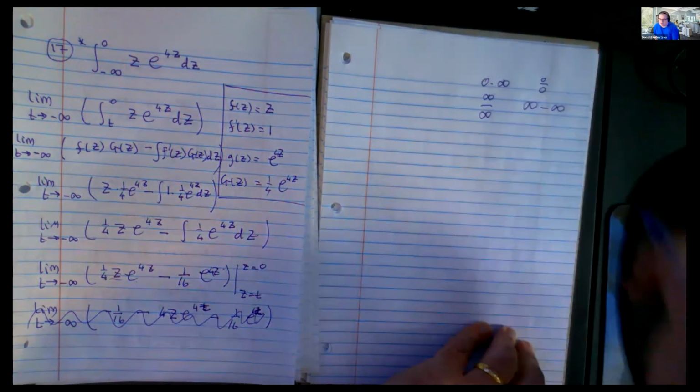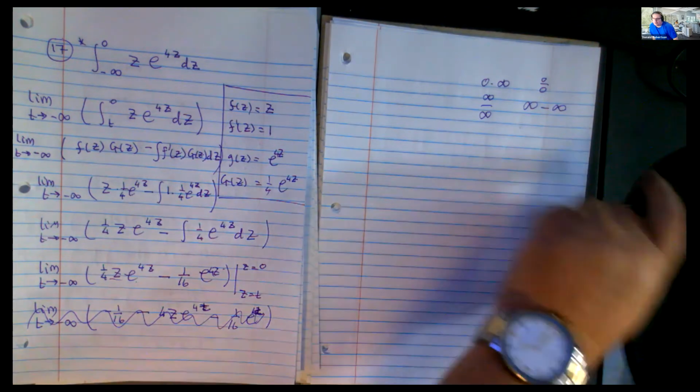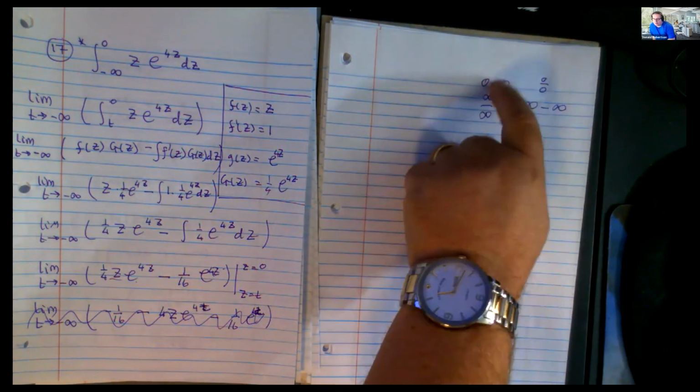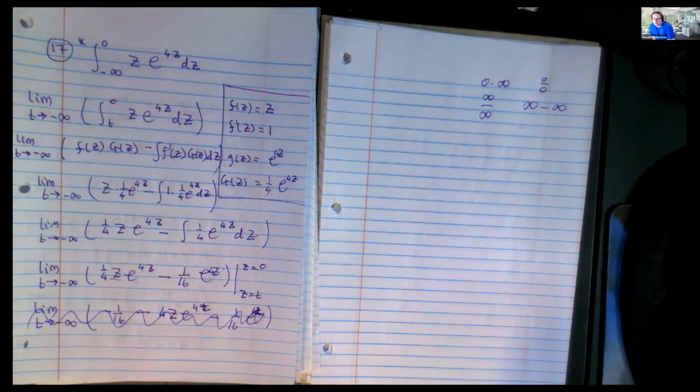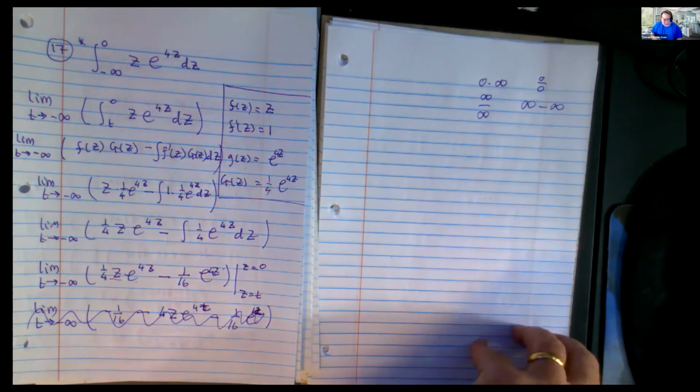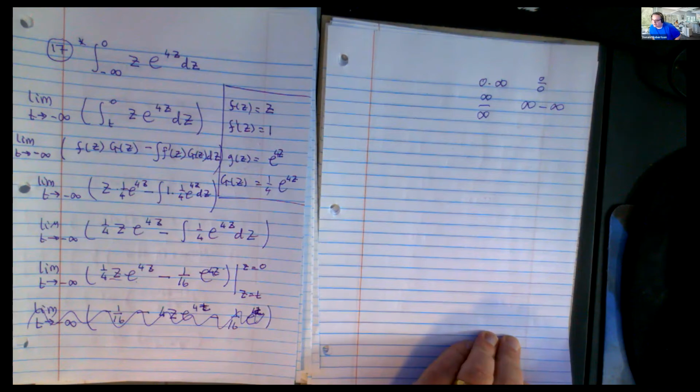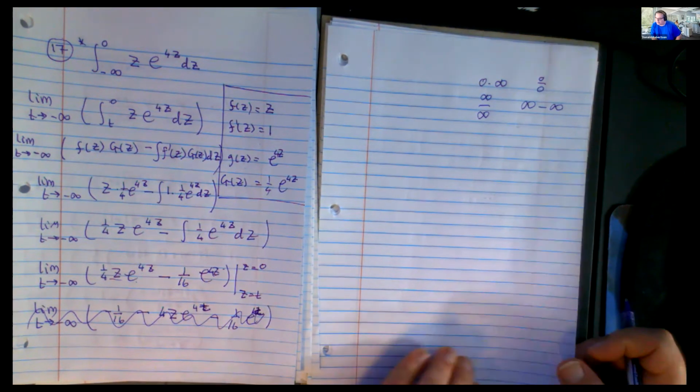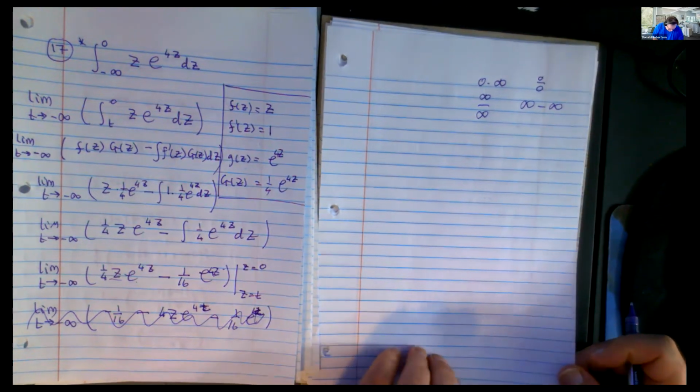Would you agree 0 over 0 is a bad idea? Indeterminate form. So whenever you get weird combinations, you're probably going to do L'Hopital in some way, right? You're going to try and make L'Hopital work for you. In that question there, didn't we have to rewrite it as a fraction essentially? So if you hit an indeterminate form, L'Hopital's probably going to be the guy that gets you out of trouble.